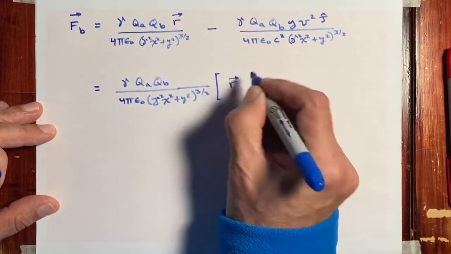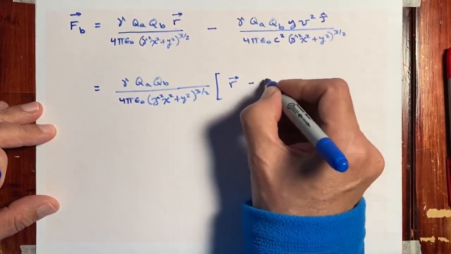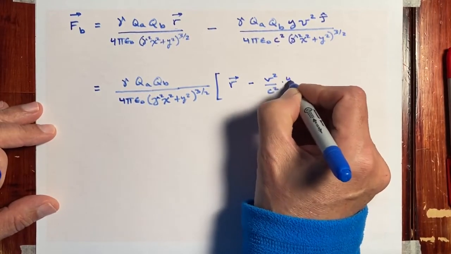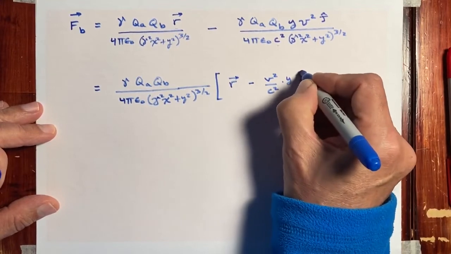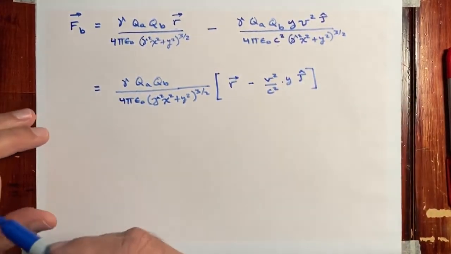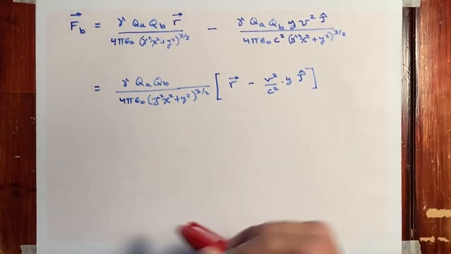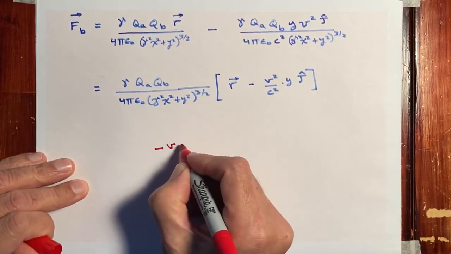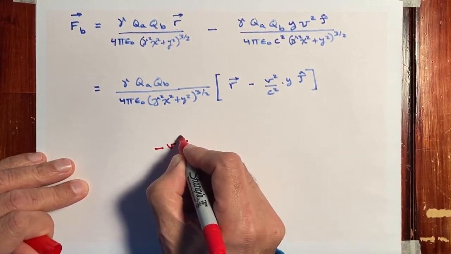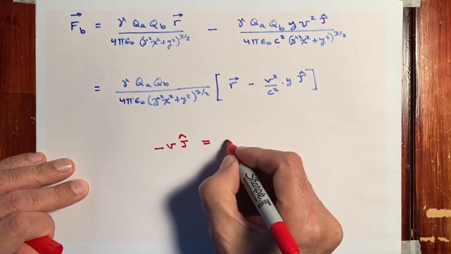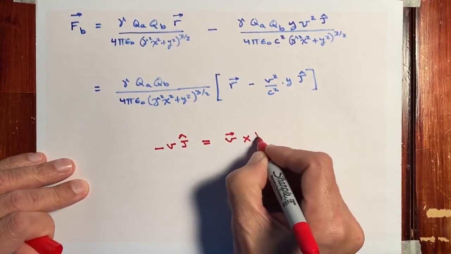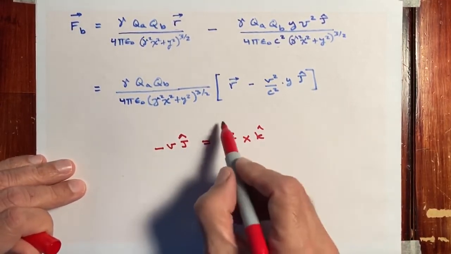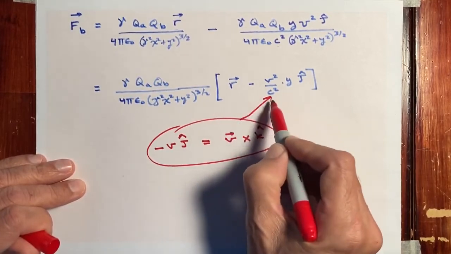So that's vector r minus v squared over c squared times y times j hat. So what we're going to do now is write down this minus j hat v as v cross k. We're going to show that in the next step, and after that we will be able to substitute this into this term right here.